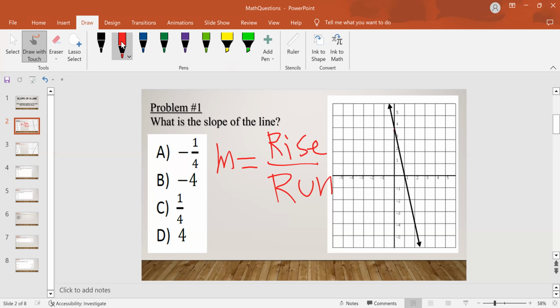We can use a method of elimination, so that will help us increase our chance to get the correct answer. This is a line going down, so the line is decreasing. How will you know that a line is decreasing? You check from left to right.